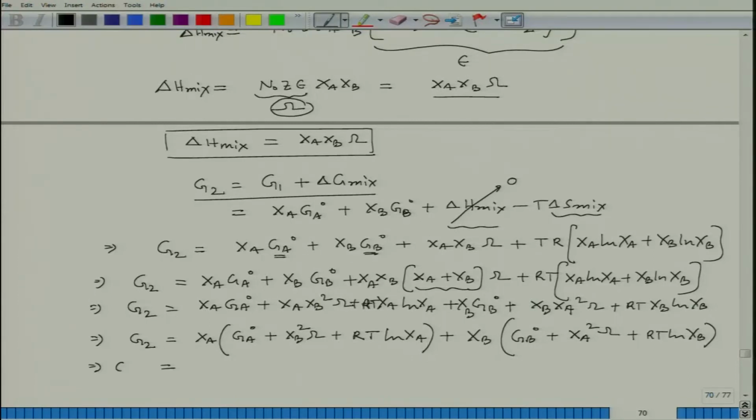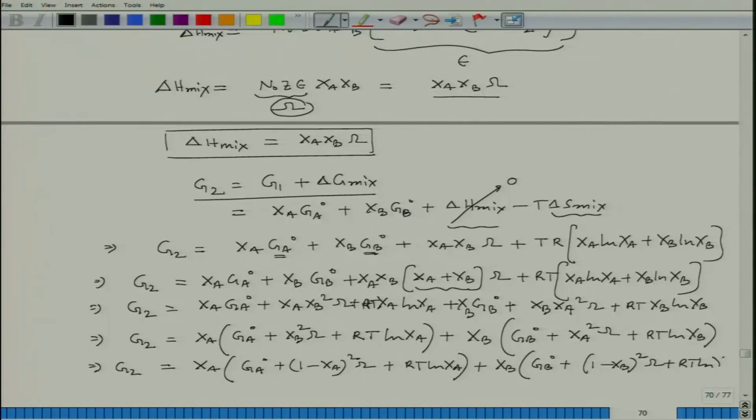Then I can write it as X_A (G_A^0 plus omega (1 minus X_A) square plus R T ln X_A), if I convert everything in terms of X_A, because one side would be all X_A and another side would be all X_B, plus X_B (G_B^0 plus omega (1 minus X_B) square plus R T ln X_B).